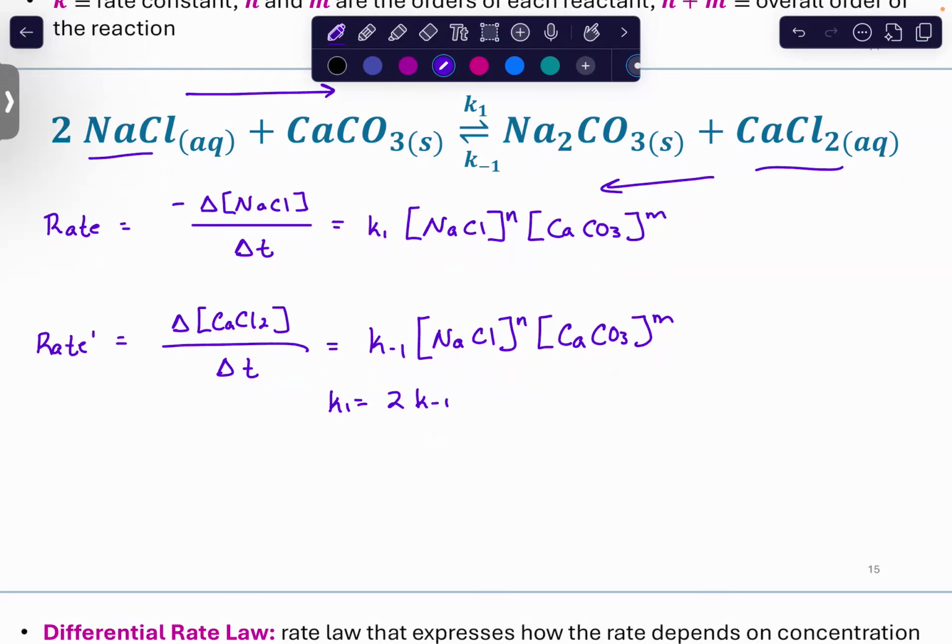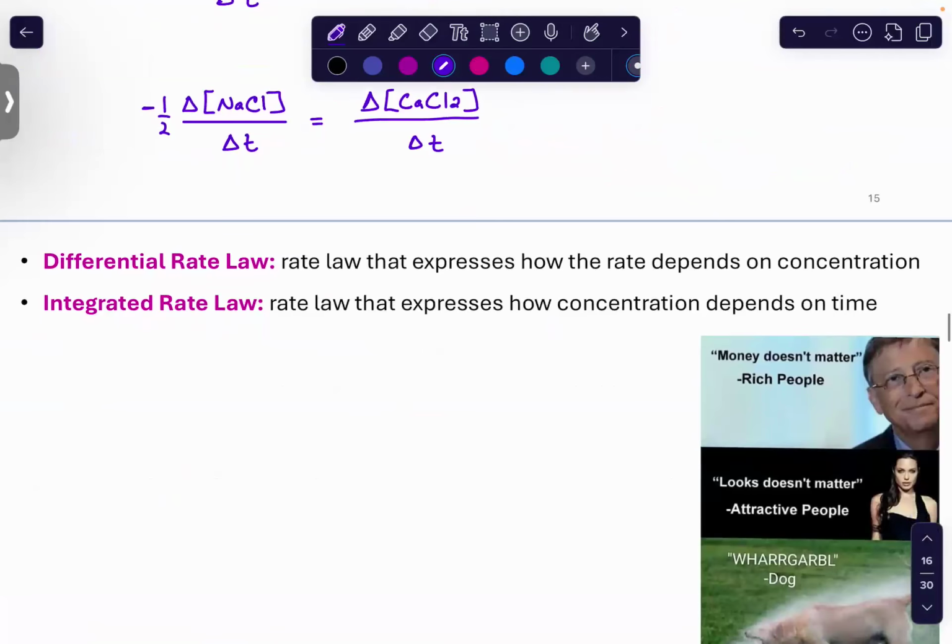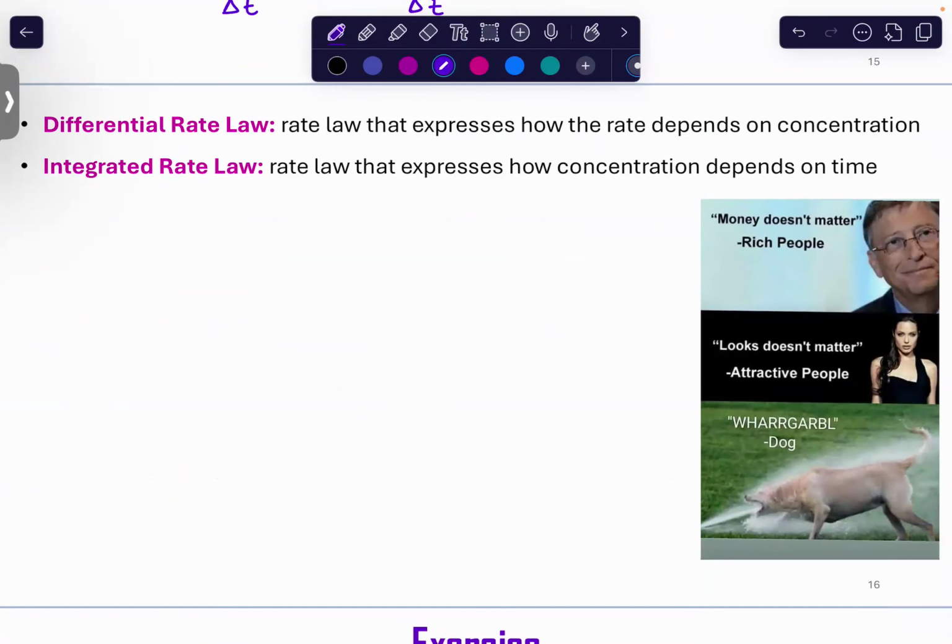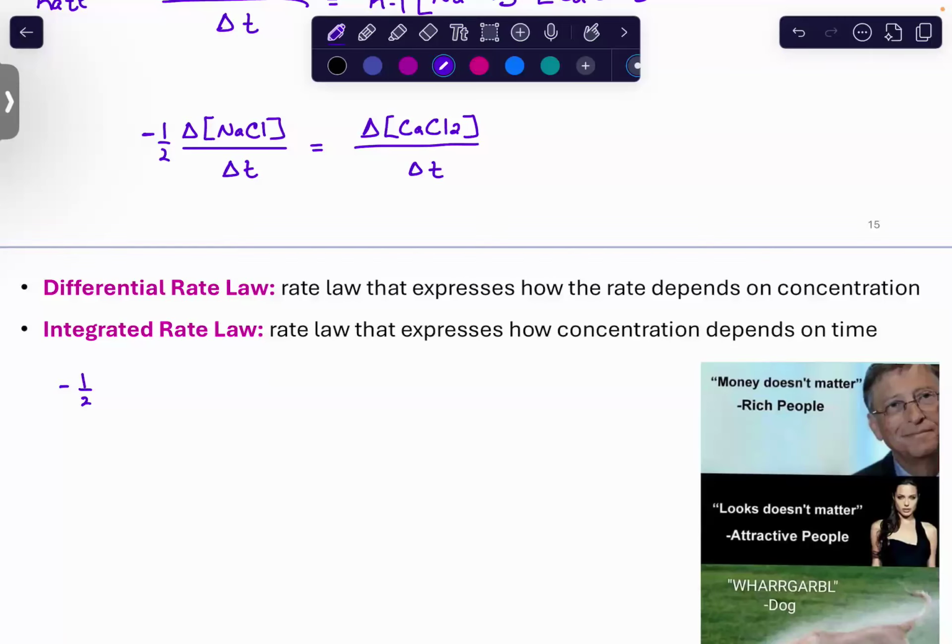What if we had, okay, so then that means, let's say we leave that there. So the negative.